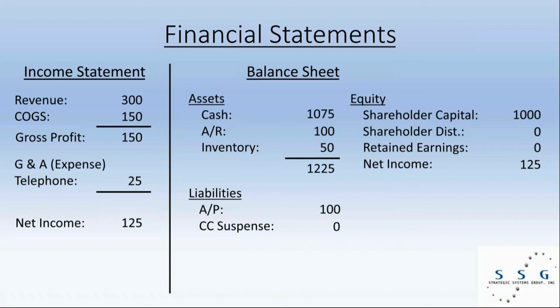The idea behind these two is that the total of the liabilities plus the equity is 1,225, which matches the assets of 1,225. That was our basic equation for the balance sheet, that the assets need to equal the equity plus the liabilities. Okay, any questions about this process?